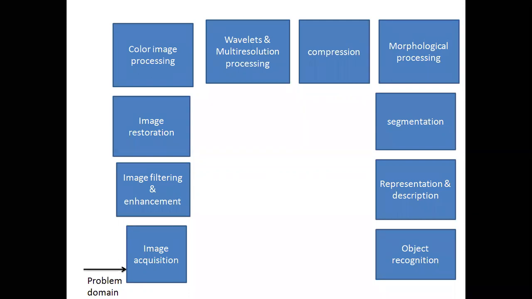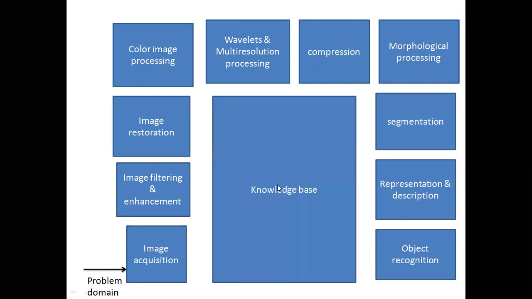So these are the different fundamental steps of image processing. Each module will correspond to one unit, and we'll be studying them one by one in detail. In order to perform all these operations, we require knowledge, which will be present in the center.